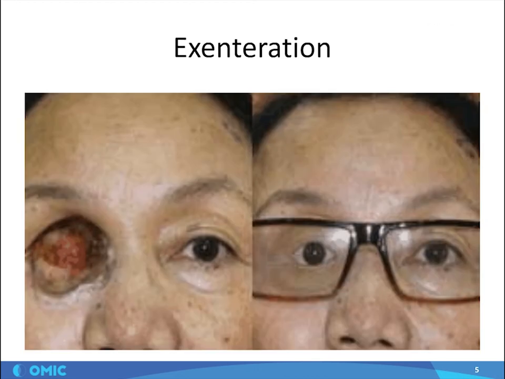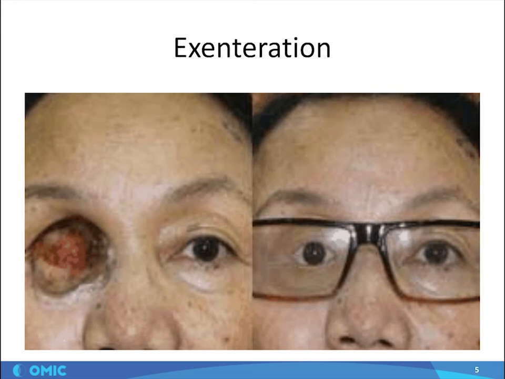I hate to have to show you this picture because it's pretty horrific, but I wanted you to understand the gravity of this situation. This photo is not actually the patient in our case, but shows you how devastating this particular surgery is, with the entire contents of the orbit needing to be removed.